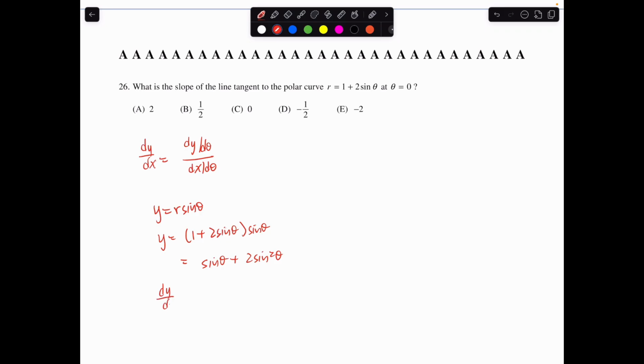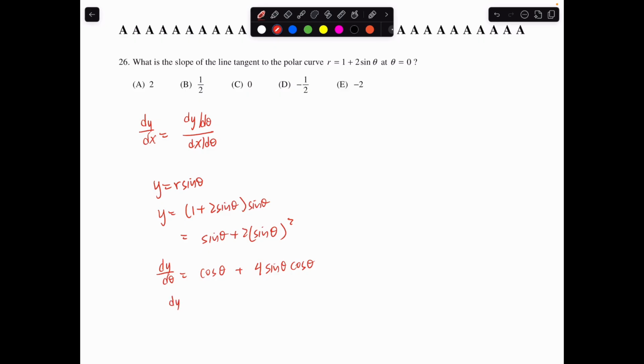Then dy d theta is equal to cosine theta plus 4 sine theta times cosine theta, my chain rule. Let me look at my x first.